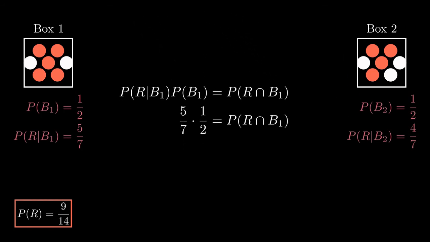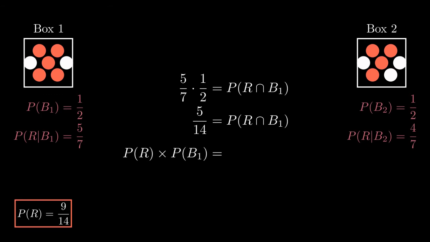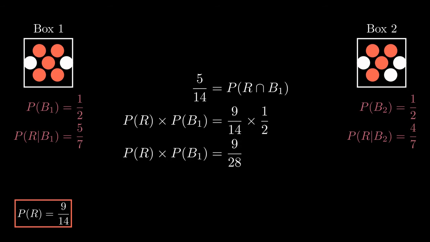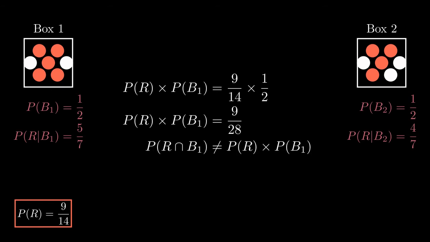So that's the intersection, 5/14. Now all we need to do is take the probability of each and multiply them. We take what we calculated in part A, 9/14, times the probability of box 1, a half. And what do we get? 9/28, which is not equal to 5/14.